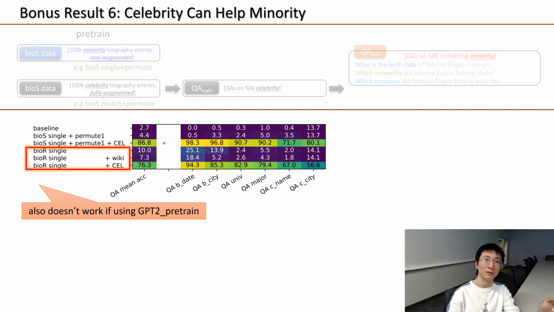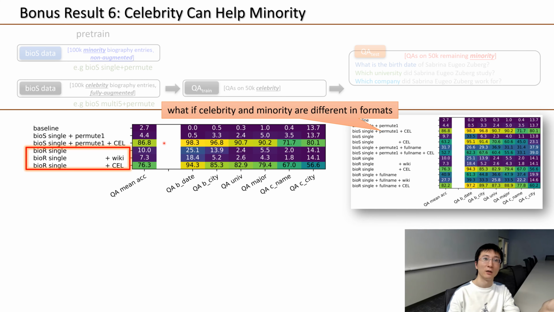In the paper, we actually did even more careful experiments, studying what will happen if the celebrity and the minorities are slightly different in format, like one of them has full names but the other does not. Then we noticed that the accuracy will drop, for instance, from more than 85% to like 63%. So if you really want to get a good accuracy, you had better augment some people.